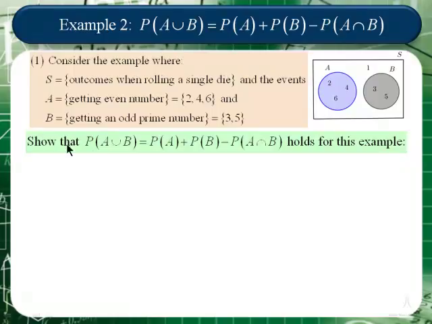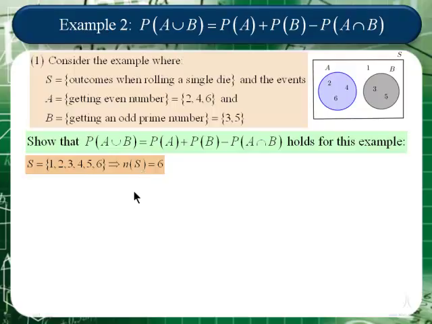So as before, we would like to show that this particular relationship that exists between the probabilities of the union of two events, the events themselves, and the intersection of the two events will be valid for this particular example. So we check first all the cardinal numbers.